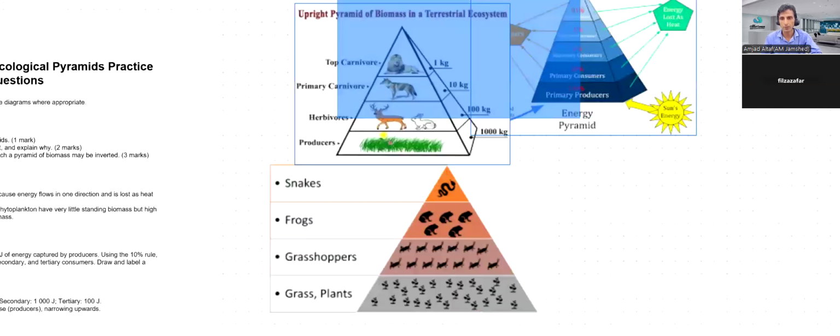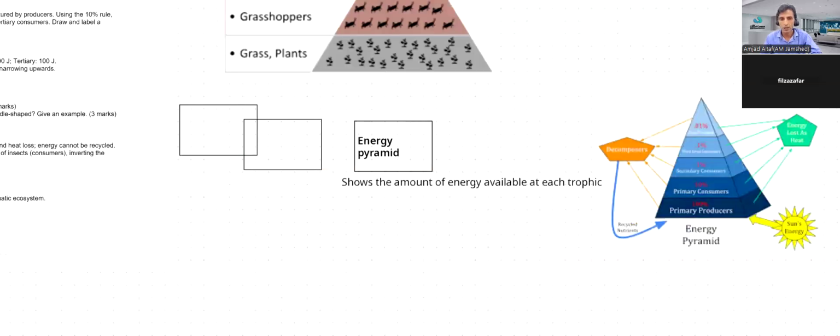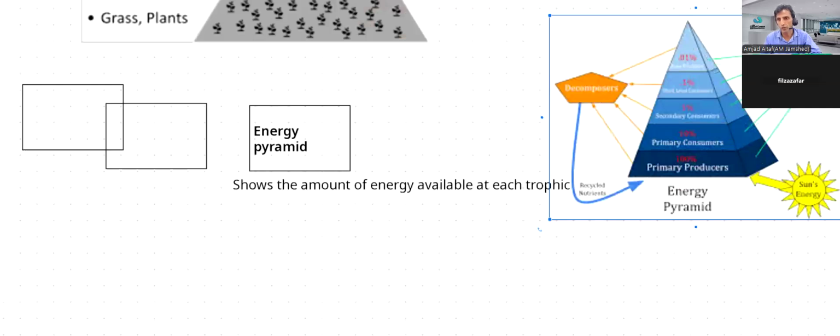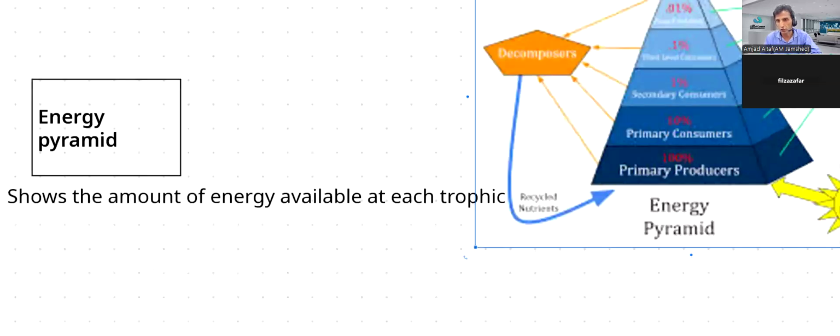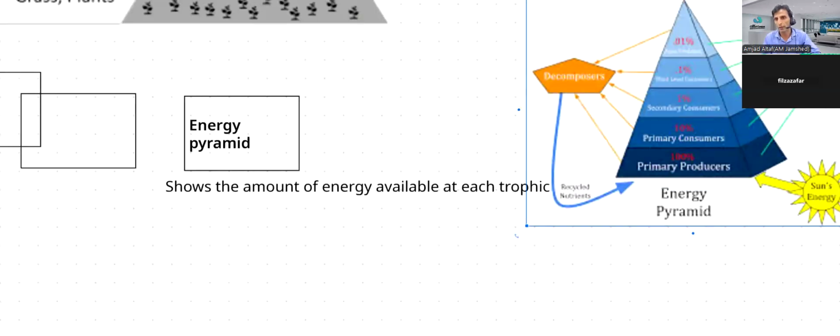Here you can see what the energy pyramid shows us. From primary producers you have 100% energy, then primary consumers have 10% remaining. Then secondary consumers, it's about 1%. And then after you can go even lower, 0.1 or something. So these are the energy levels that you can see here.